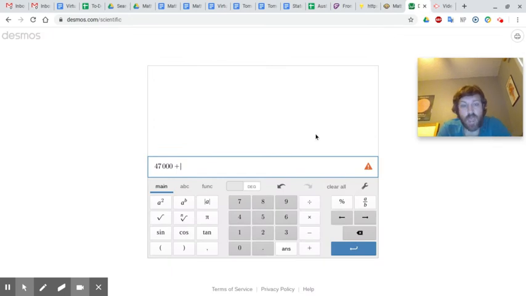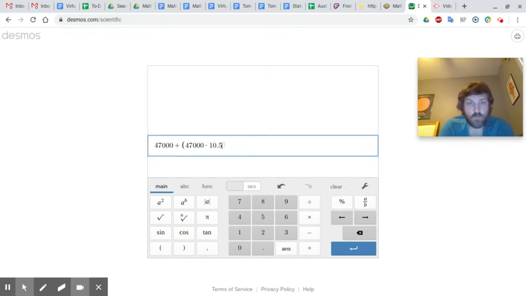So we're going to add 47,000 times 10.5%. Yeah, it's going to give me an error. Let's go back. Let's do it this way: 10.5% of 47,000. You have to do it in that order.